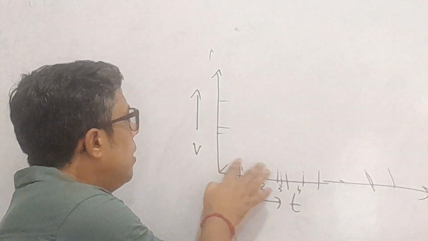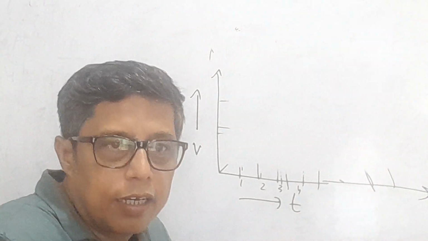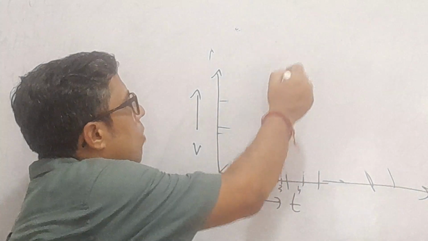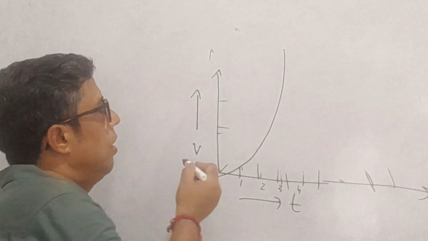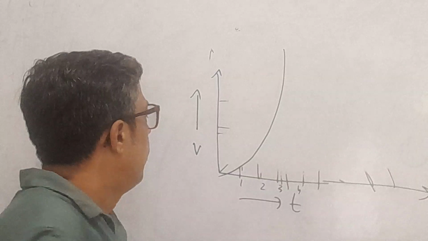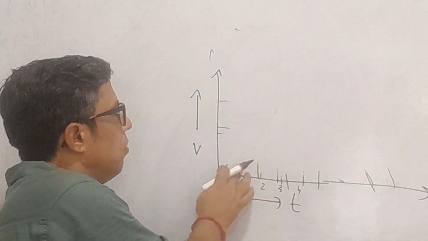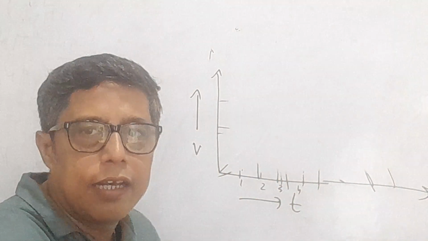This straight line represents uniform acceleration. If the VT graph is a curve and not a straight line, then it represents non-uniform acceleration.